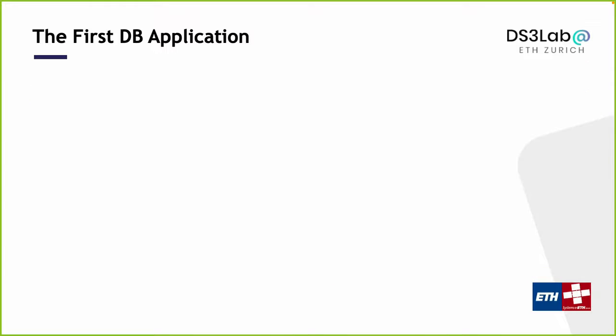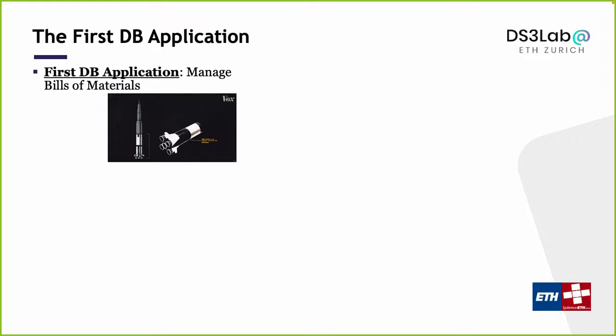So they wanted to manage the bills of materials. Essentially, to build a rocket, there are different components and different suppliers of those components. The first database application was used to manage all that information.